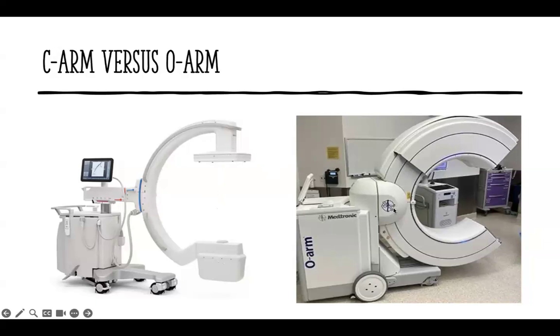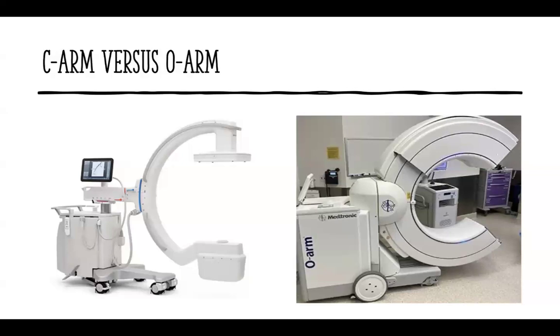And then we also have an O-arm. An O-arm kind of looks like a CT scanner. This part right here does actually close all the way. They use the O-arm for different types of procedures.